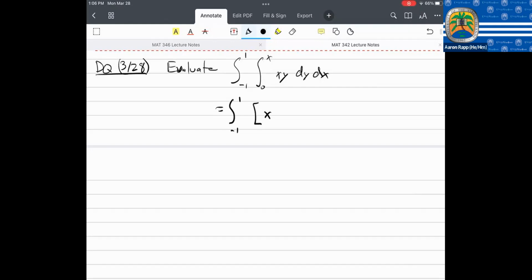So integrate y, square root of 2, from 0 to x dx. Which means this is going to be -1 to 1 of x times x squared over 2 minus x times 0 squared over 2. That would be 0, yeah.